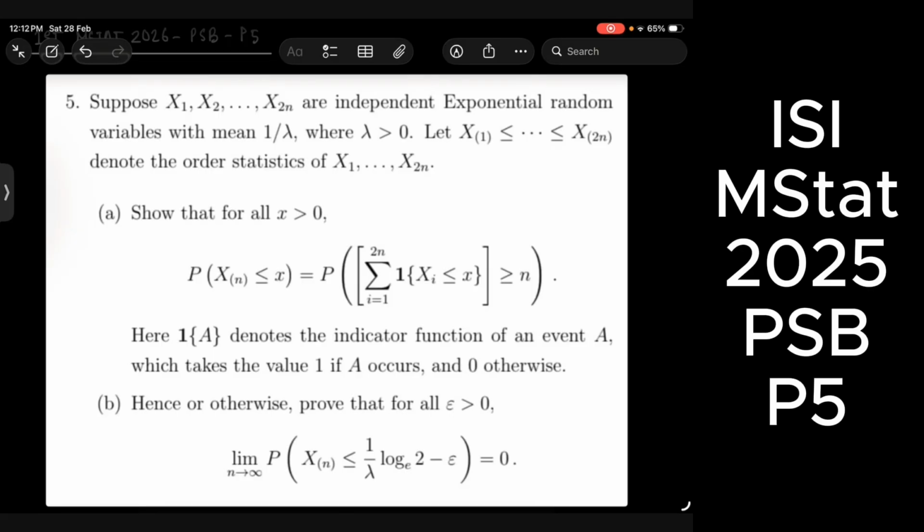Let x order 1 up to x order 2n denote the order statistics of x1 up to x2n.